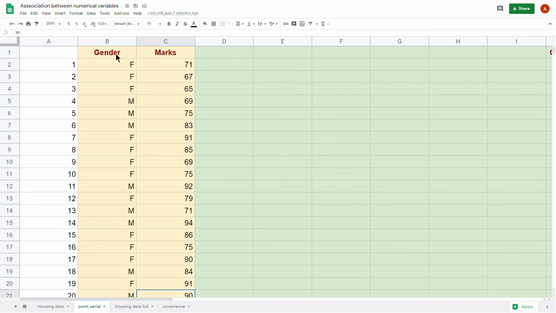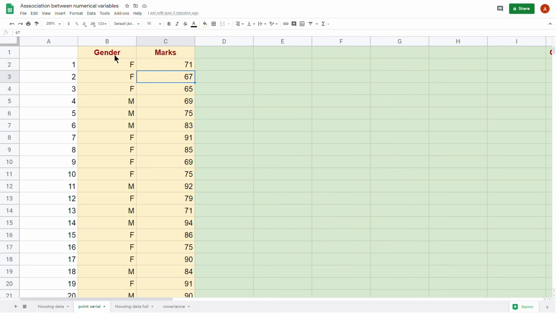Now, gender is a categorical variable. The levels of this categorical variable are two. The first level is female, the second level is male. It is nominal because there is no order in this categorical variable. Whereas marks is a numerical variable, it can take any value. Here I have 71 out of 100, 67 out of 100; this is a numerical variable.